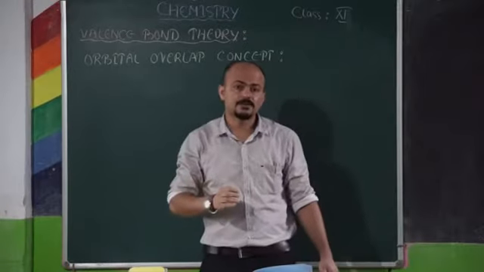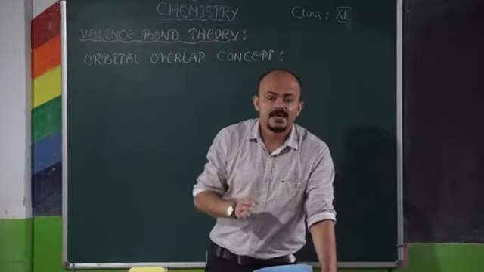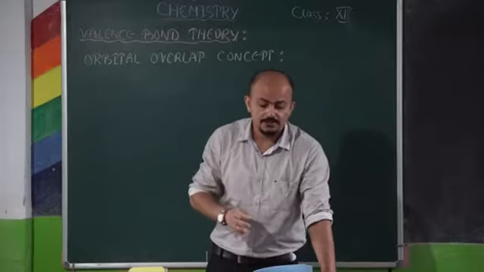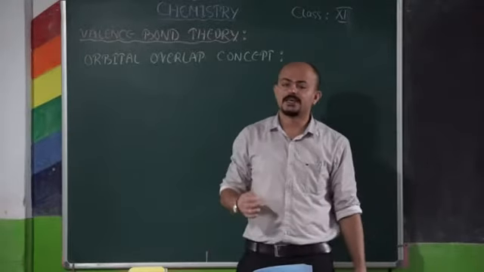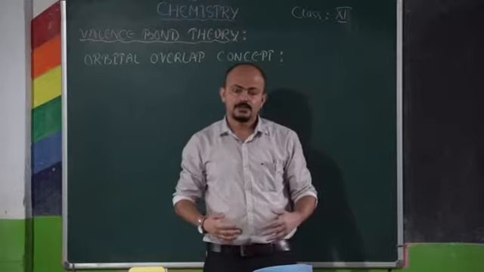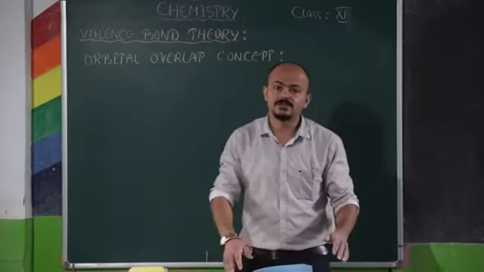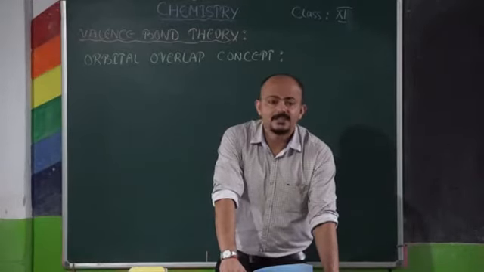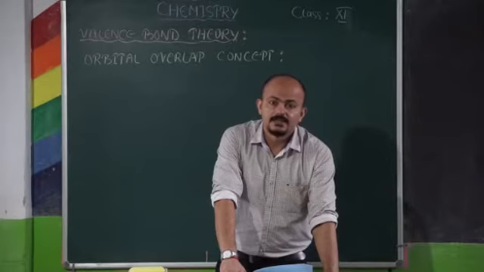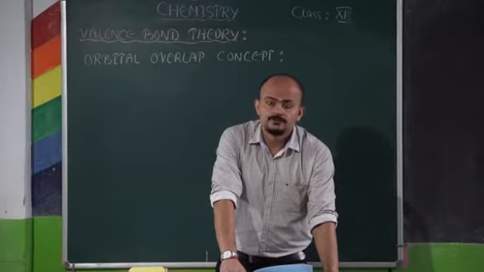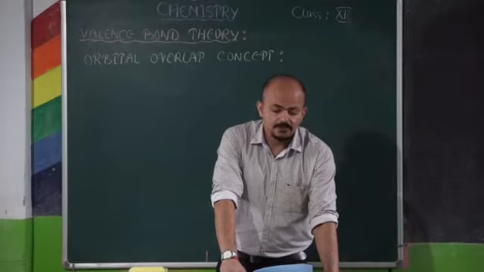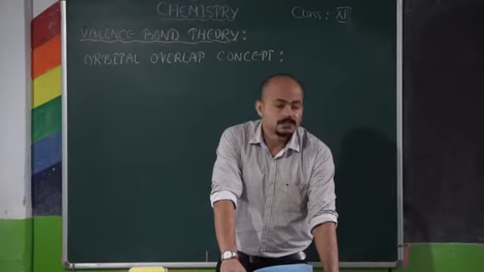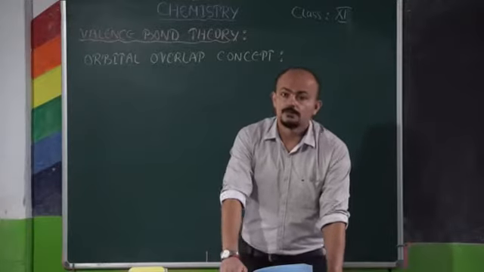Now here you have to remember that whenever an atom has one or more unpaired electrons present in its valence shell, they can overlap to form a bond, and this is the cause for chemical bonding.